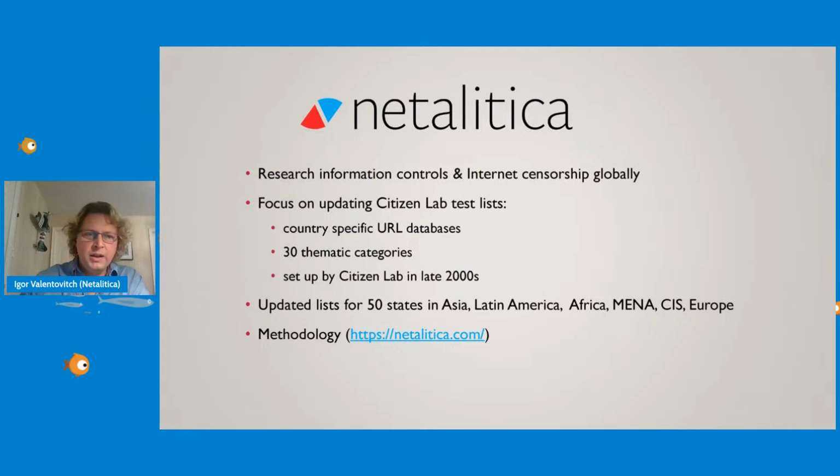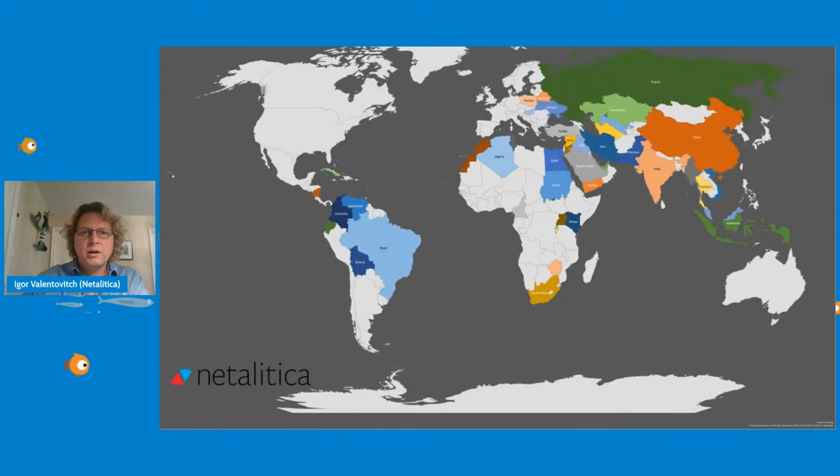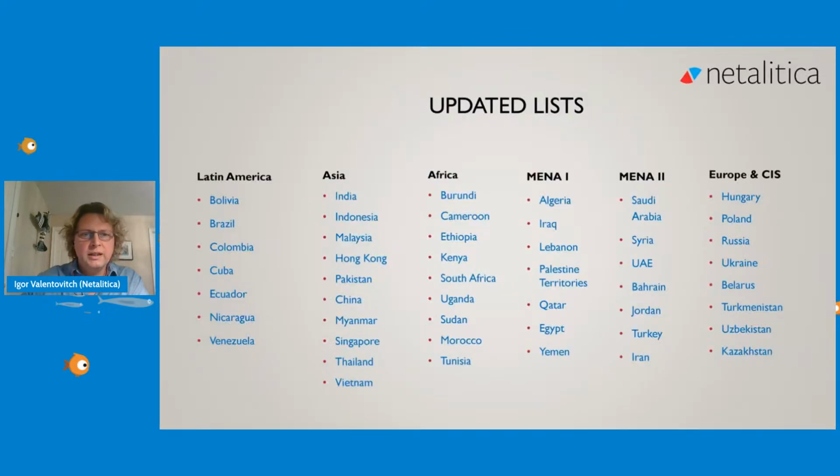So far, we've updated the test lists for 50 countries, literally from around the world. This is how our reach looks geographically. And this is the list of the countries we updated in Latin America, Asia, Africa, the MENA region, the former Soviet Union countries, as well as a couple of European states like Hungary and Poland.